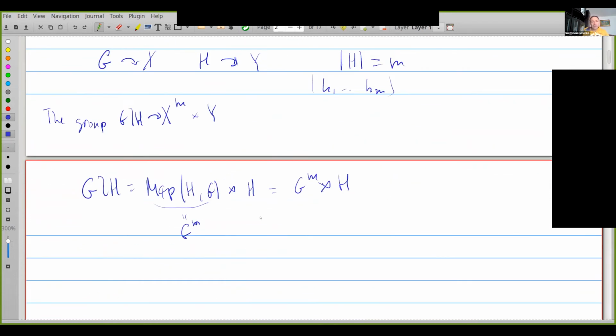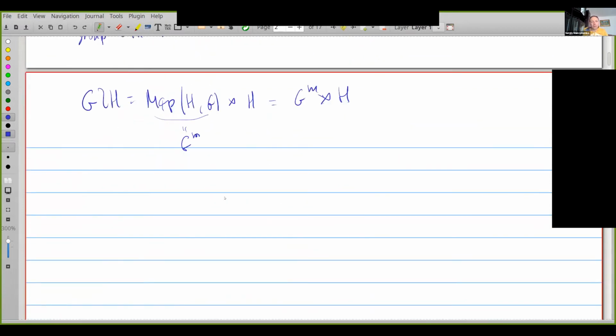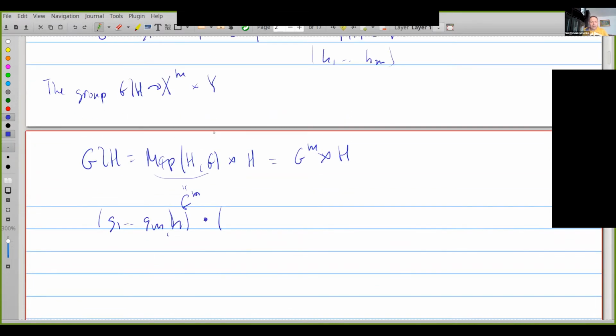And there is a natural action of this group on this set by the following formula, which is close to that. So if I have elements G1, ..., Gm, and also an element H, then it acts on this set.